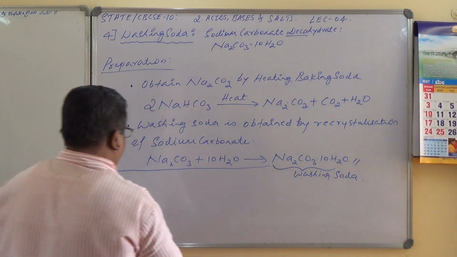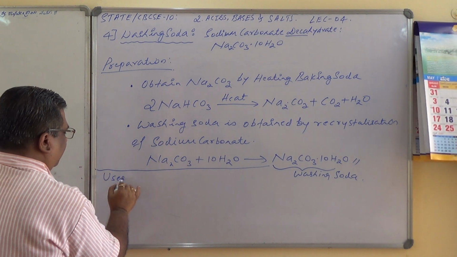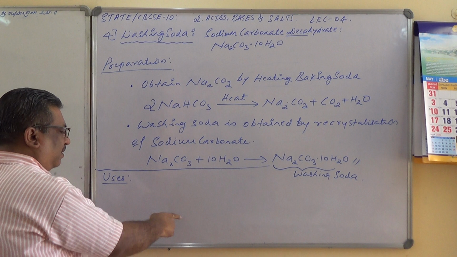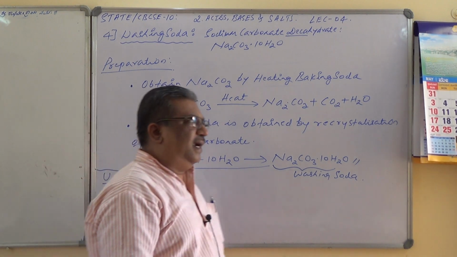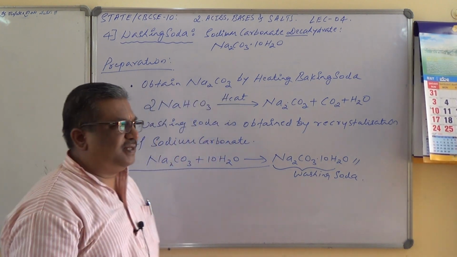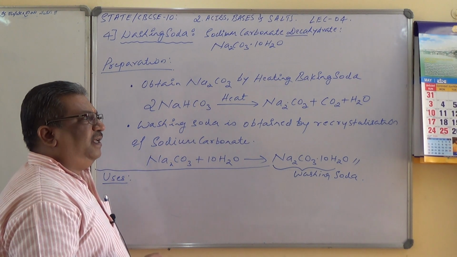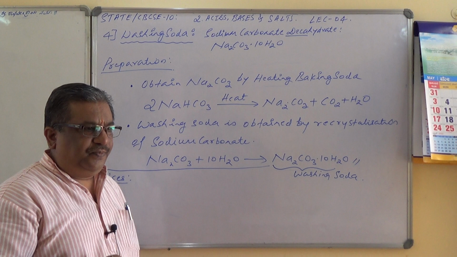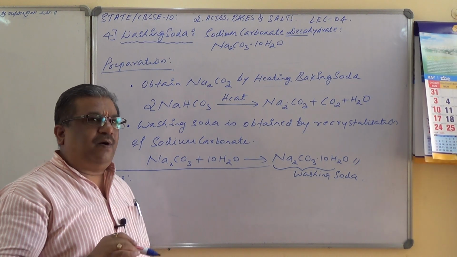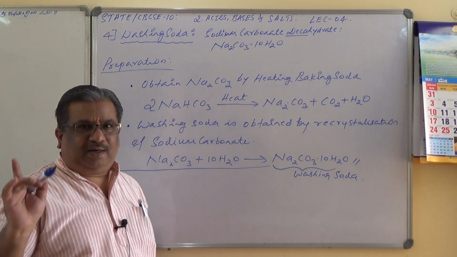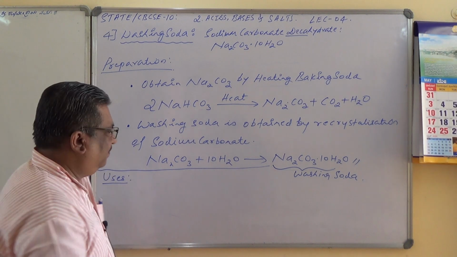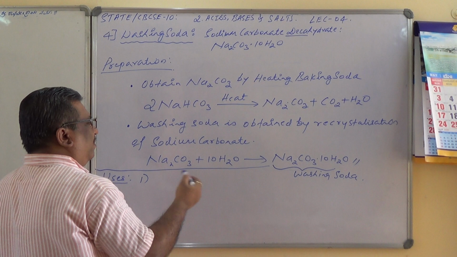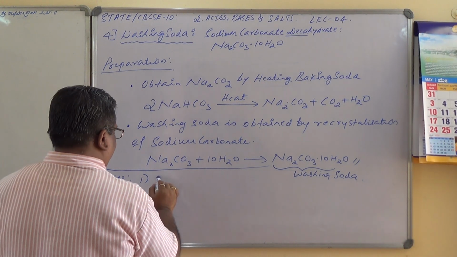What are the uses here? Preparation, you have understood. Uses. One of the important uses that I would like to highlight, which also comes in the exam, is that it is used to treat the permanent hardness of water, or for softening of hard water. So the first application is for the treatment of permanent hardness of water.